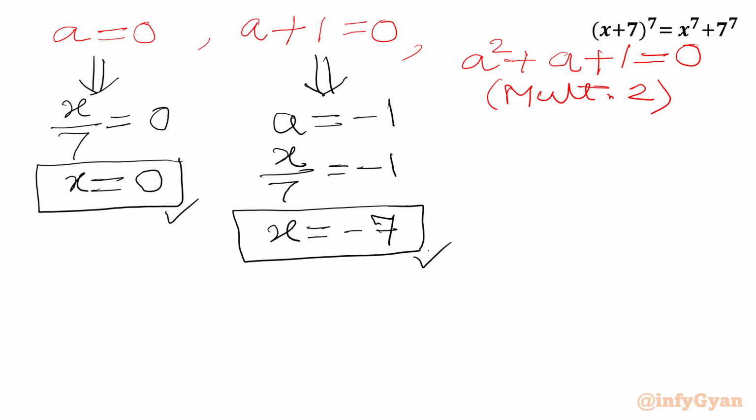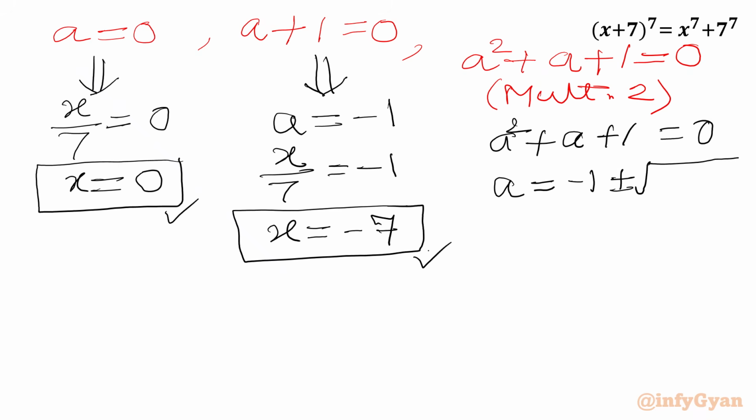Now we have to solve this quadratic equation: a square plus a plus 1 equal to 0. We will use the quadratic formula. A will be equal to minus b, so minus 1 plus minus square root of b square, 1 square, 1 minus 4 times 1 times 1, which will be minus 4, over 2 times 1, so 2.